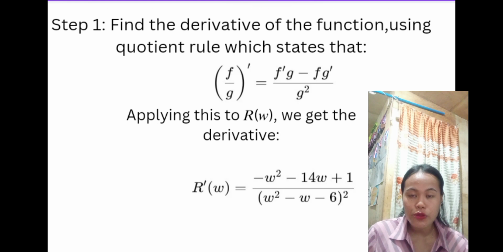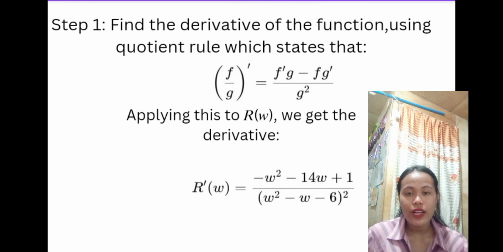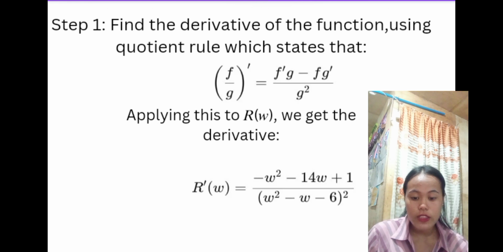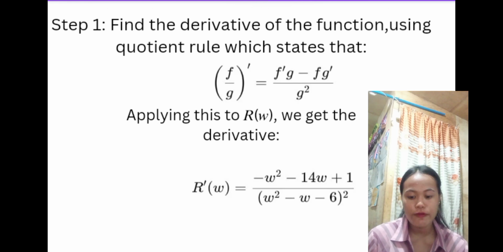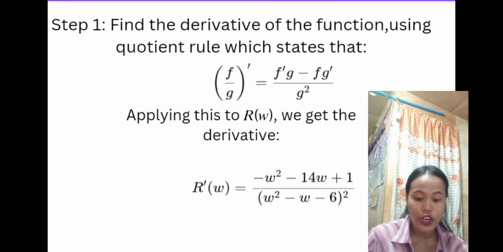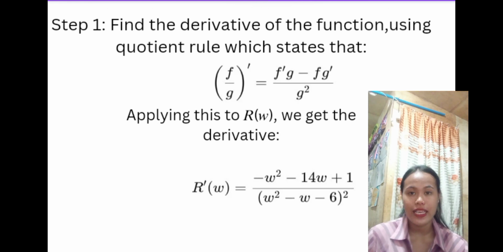Applying this to r of w, the derivative of r of w is equal to negative w squared minus 14w plus 1 over w squared minus w minus 6, raised to the power of 2. This simplifies our task to analyzing the numerator and denominator separately.